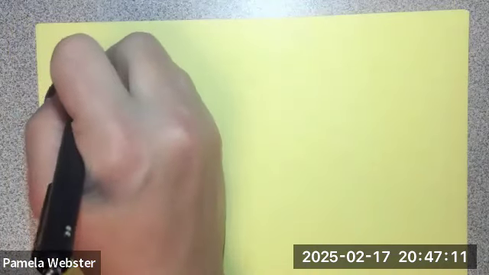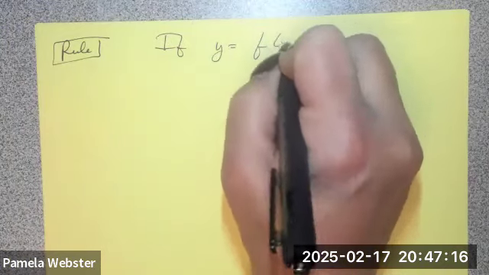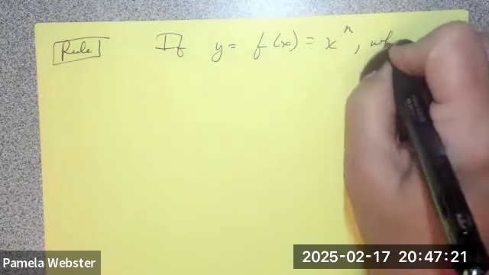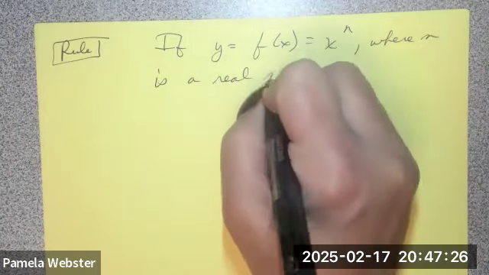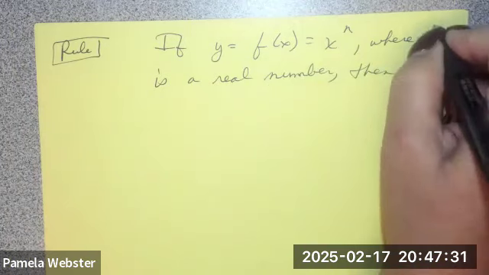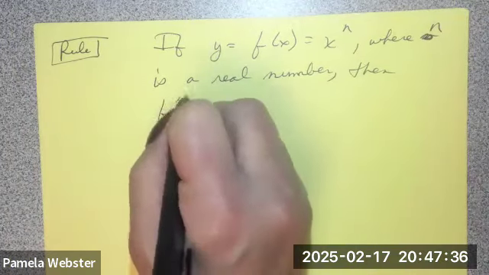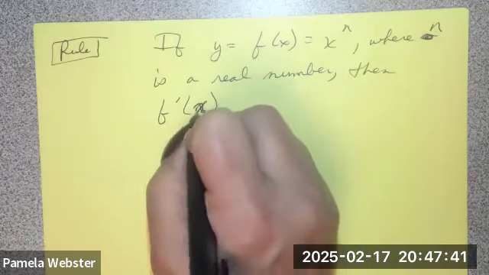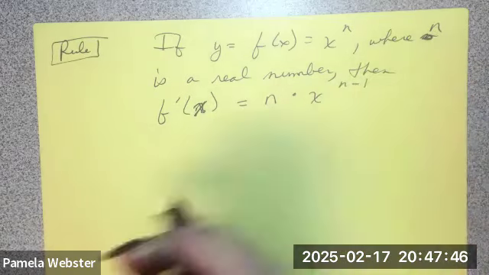Here's your rule. If y equals f of x equals x to some power n, where n is a real number, then let me make that the same n I started with. Then we know f prime of x equals n times x to the n minus 1.